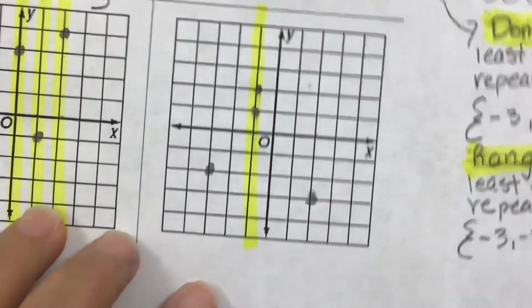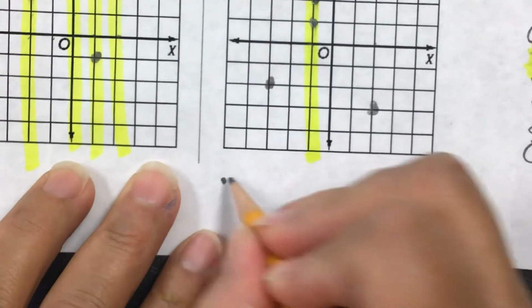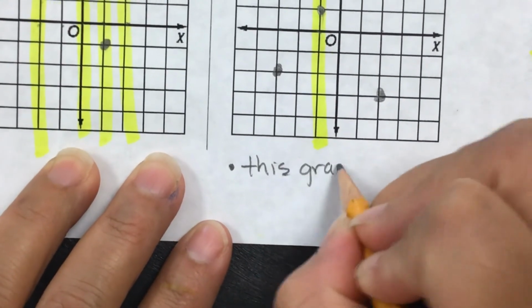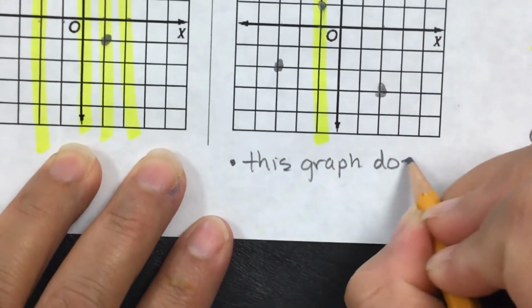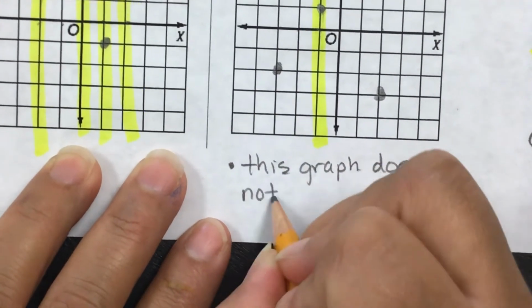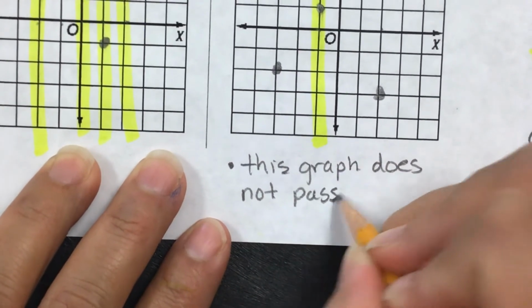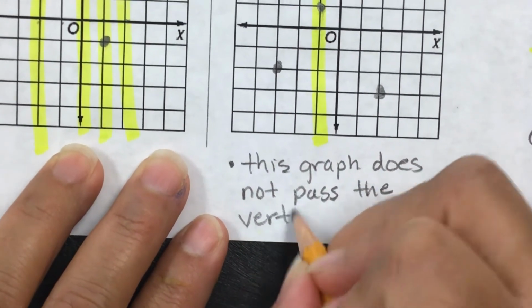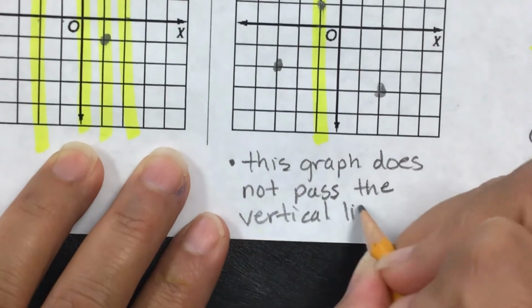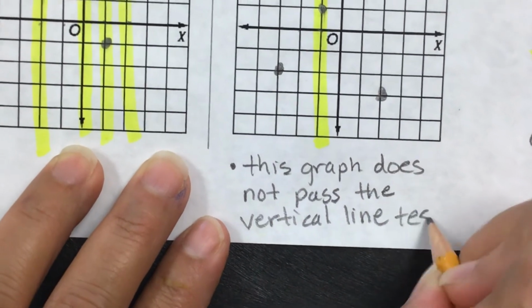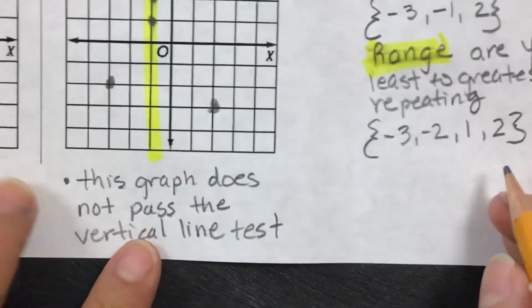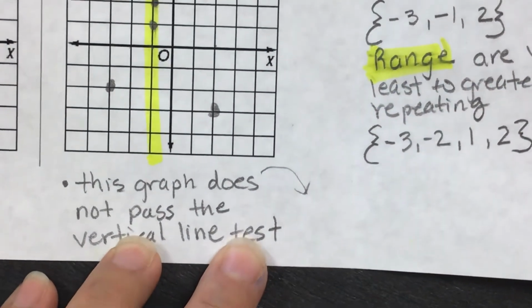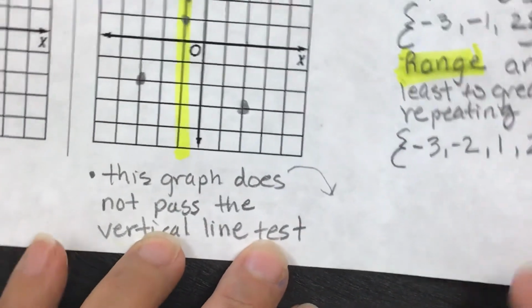So this graph does not pass the vertical line test. Why not? I'm going to make a little arrow like this so you know that that's what I'm referring to. Why not?